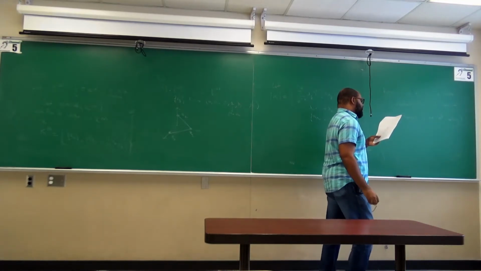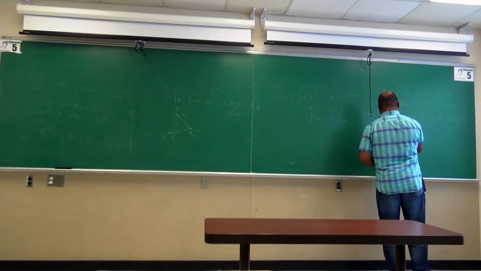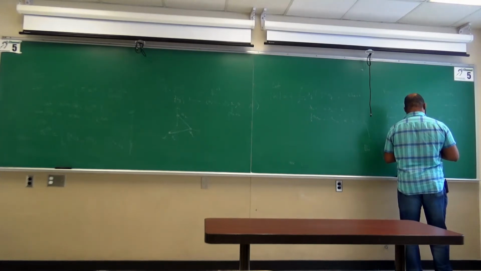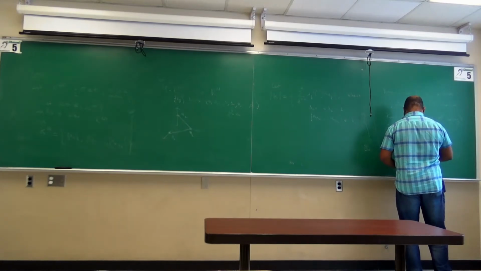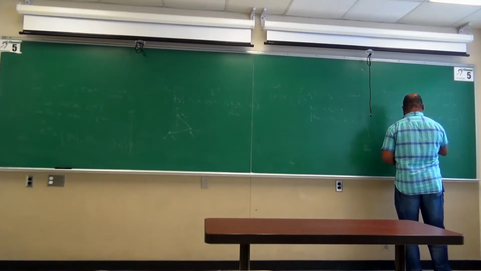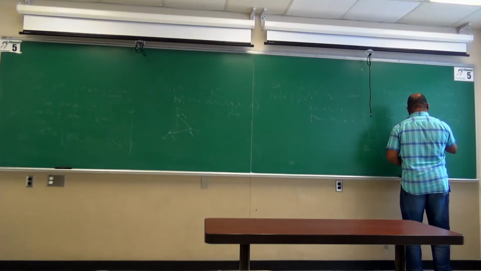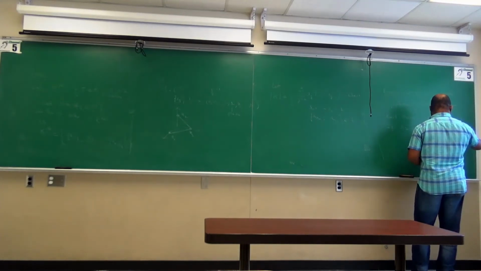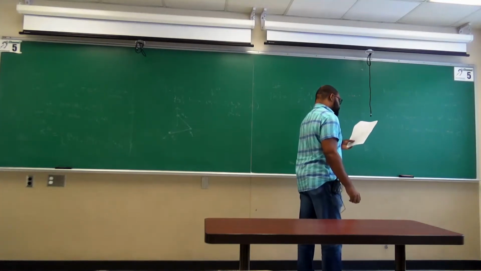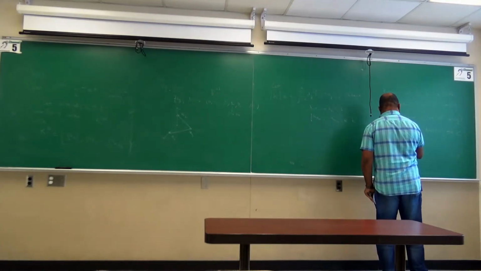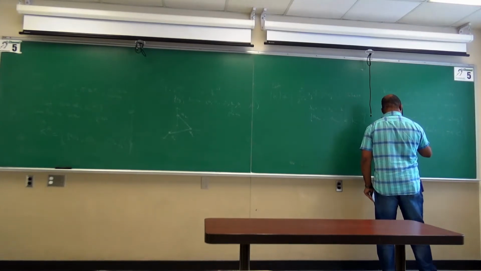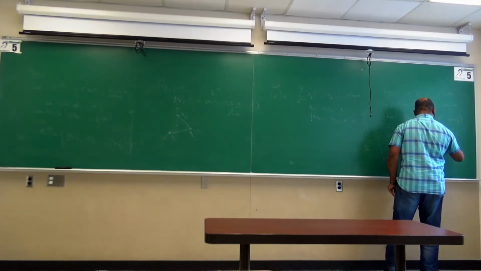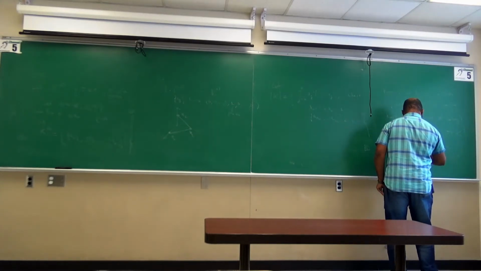So he shows that if D is the maximum dimension of all the simplices in K, then K can be realized in R^(2D+1).